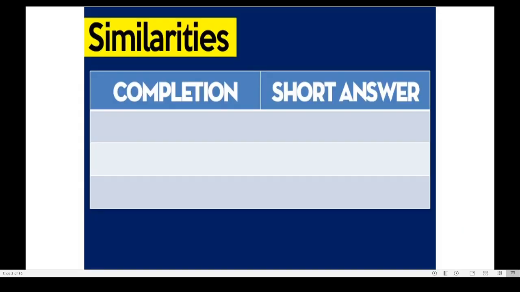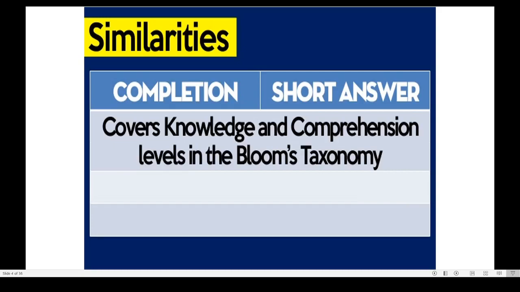Now let's move on with the similarities and contrast of completion and short answer test items. Now, when we talk about completion and short answer, they both cover knowledge and comprehension levels in the Bloom's taxonomy. So they cannot really measure higher levels of the Bloom's taxonomy or higher order thinking skills, but mostly they are limited in measuring knowledge and comprehension levels.